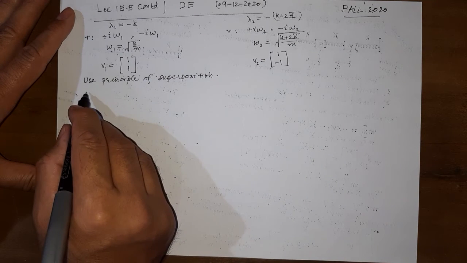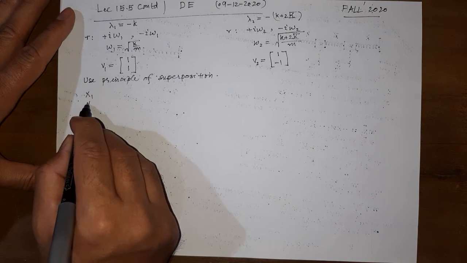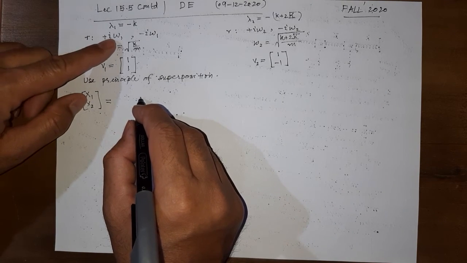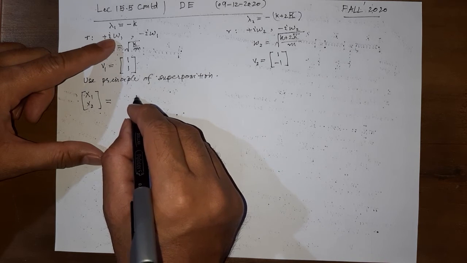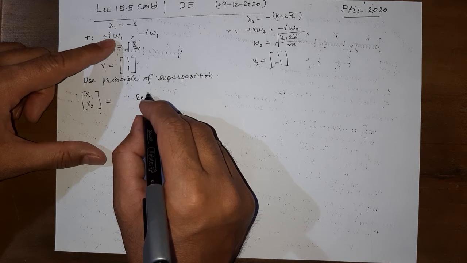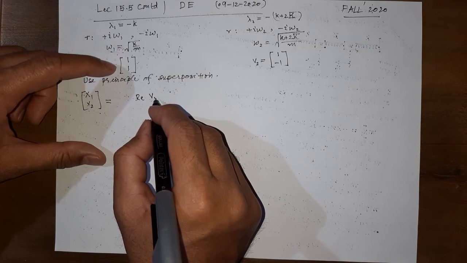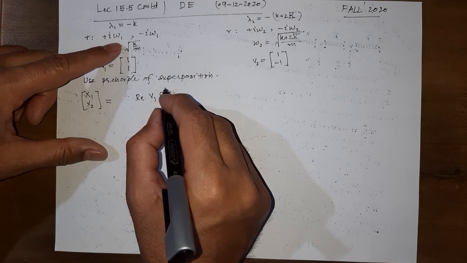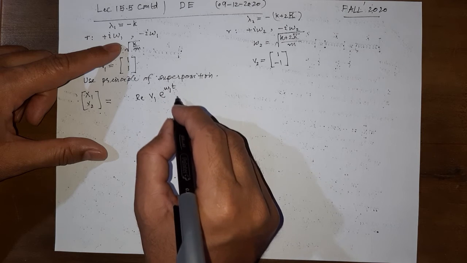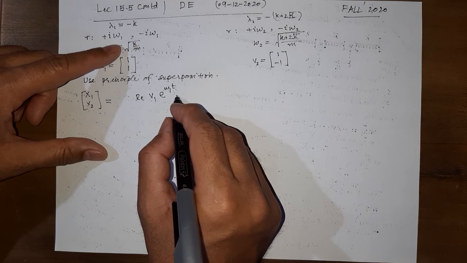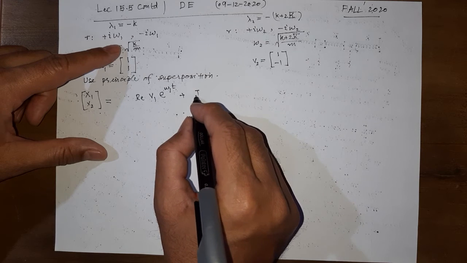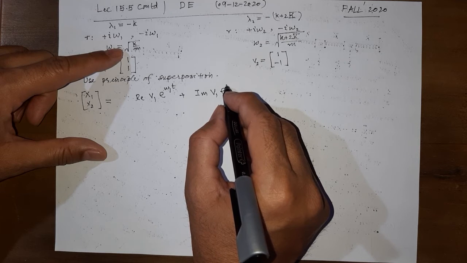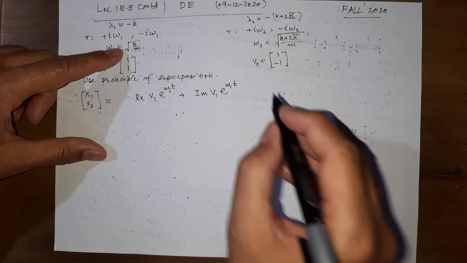So how to use this: the ultimate solution, that is the x1 and x2 vector, would be equal to the real part of this eigenvector v1 multiplied by e raised to the power iota omega 1 t, plus the imaginary part of v1 e raised to the power iota omega 1 t.